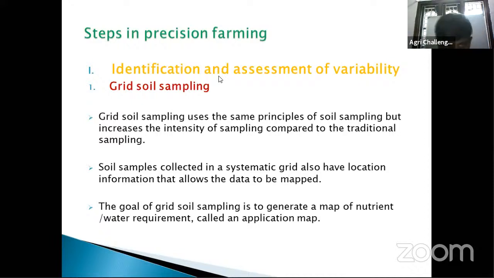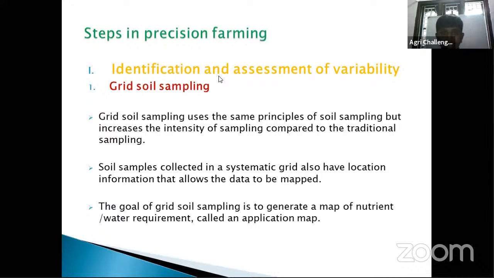Grid sampling uses the same principle as soil sampling, but increases the intensity of sampling. Intensity, the number of samples, is increased compared to what? Compared to traditional sampling. Soil samples are collected in a systematic grid, small grids, small areas.